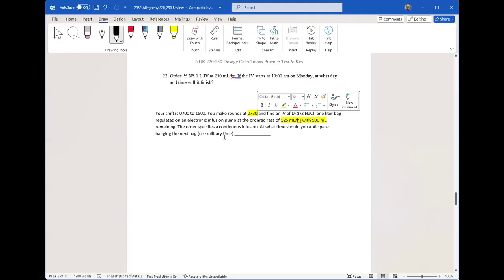And then it says you're supposed to do a continuous infusion. And then when should you hang the next bag? So some of this is, you know how to do this. It's just some nuance type things.